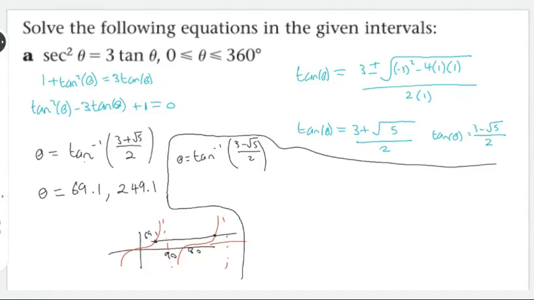So with the application of the rule with sec, would it be the same for cot, where you can't have 0 because 1 over tan could never be a 0? I'll come back to answer that question in a moment. Yes. 20.9, and then again we can add 180 to this, and that would give you that theta is equal to 200.9.